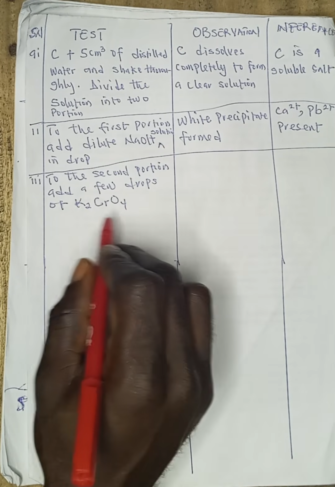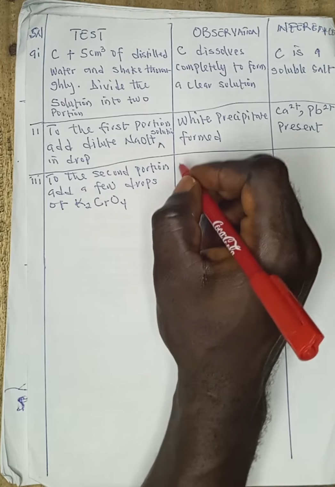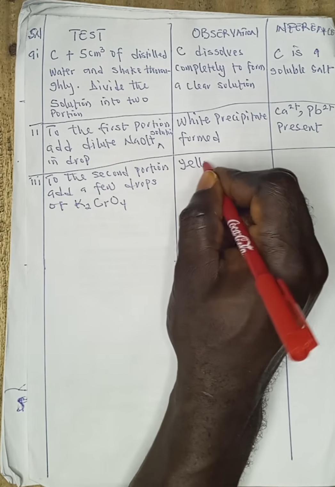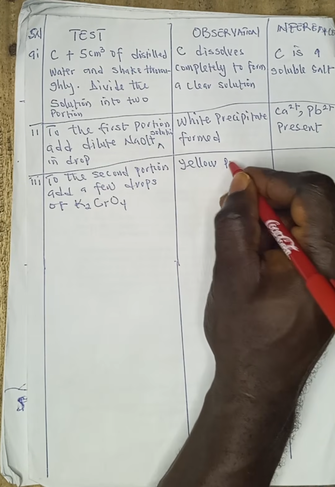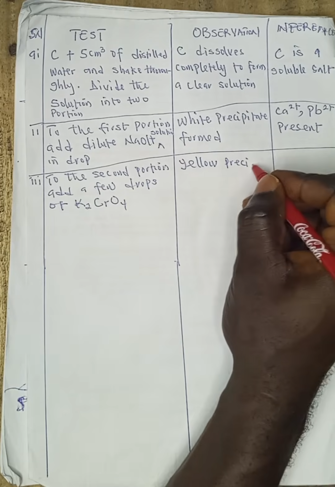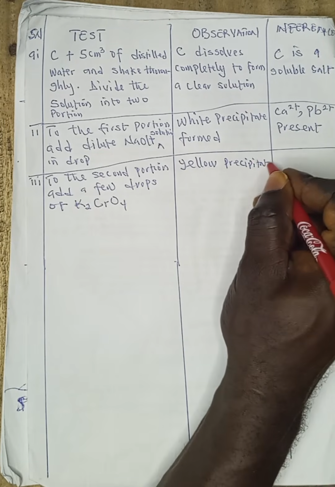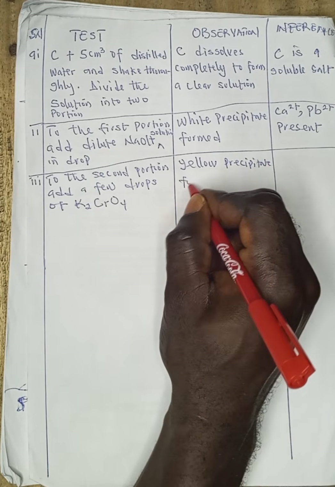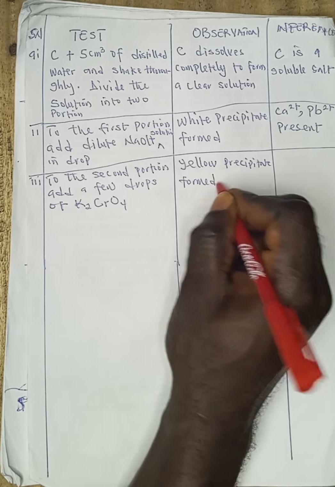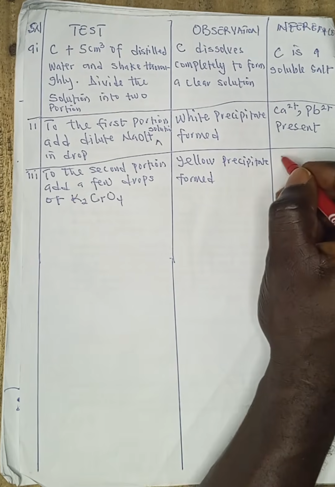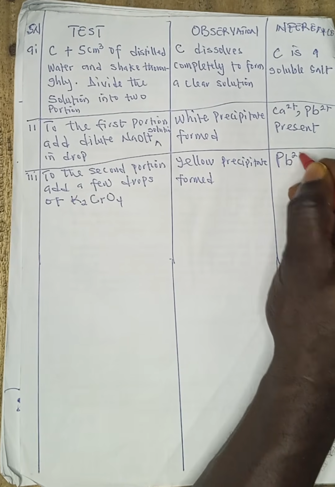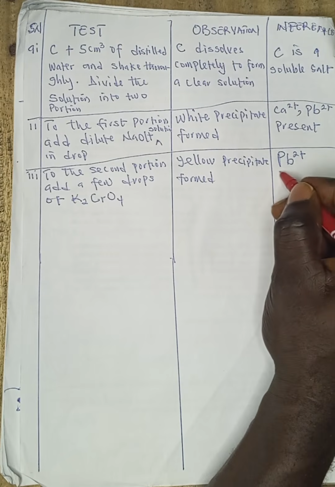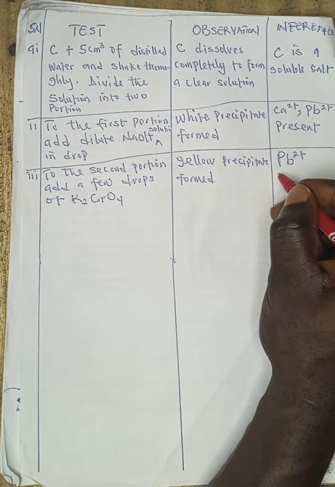This is what you are asked. Okay. What you are going to see is a yellow precipitate. This practical is very simple. Yellow precipitate formed. Okay, so this is to confirm that lead ion is present.